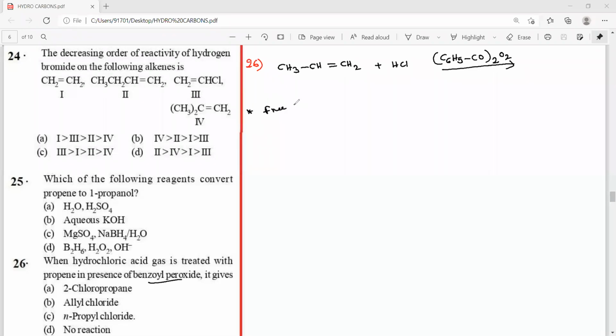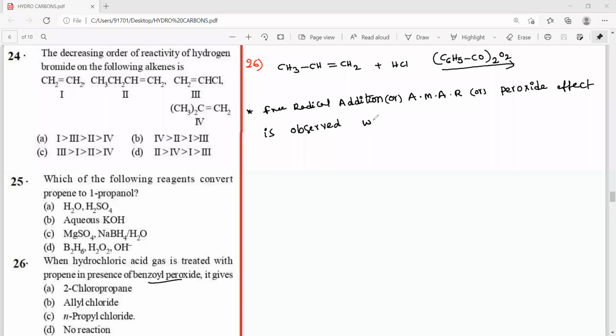Free radical addition or anti-Markovnikov addition reaction or peroxide effect. Peroxide effect is observed with HBr only, hydrogen bromide only.